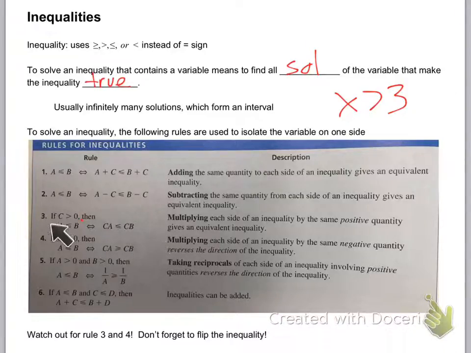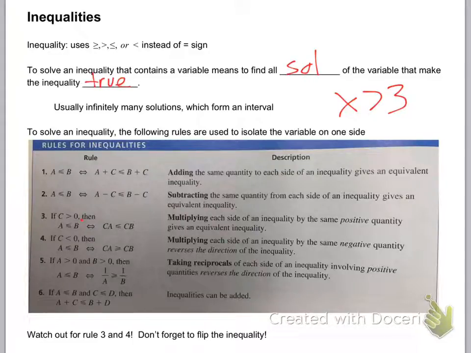The biggest thing about it is in 3 and 4, you're multiplying, guys. And if you're multiplying both sides of an inequality by a negative, you need to flip the inequality. But that only happens when multiplying or dividing by a negative. Because remember that dividing is the same thing as multiplying.